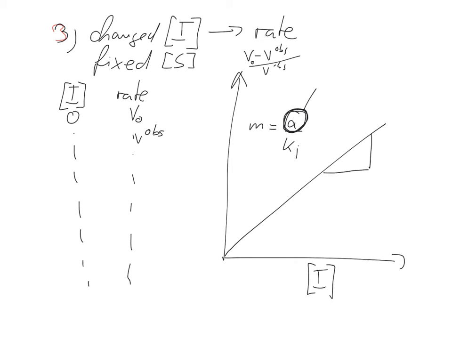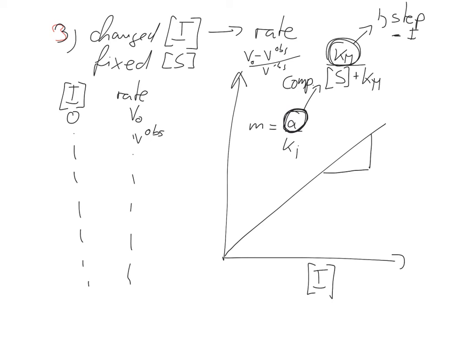If it is a competitive inhibitor, this A is defined as Km divided by the substrate concentration plus Km. And this Km, this was the Km that you determined in the first step where you didn't have an inhibitor. The S here is this fixed substrate concentration. So that is if you had a competitive inhibitor.